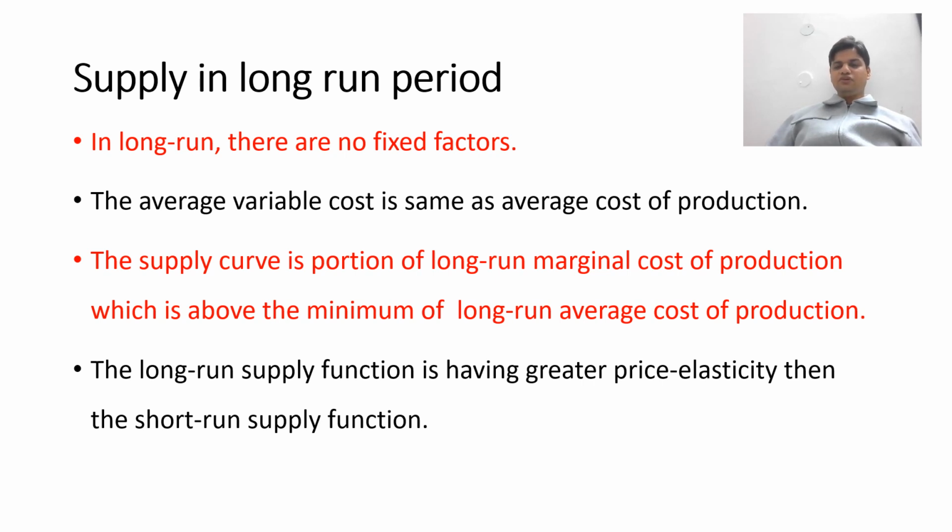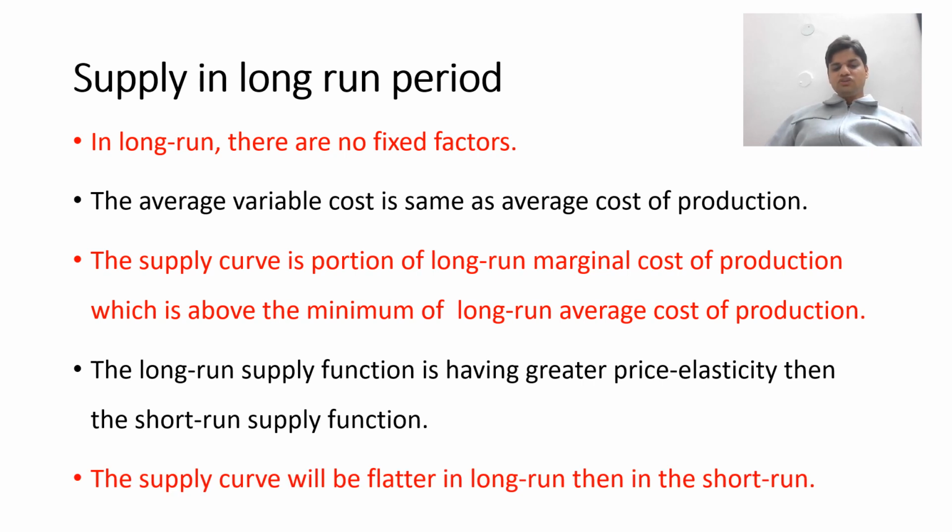So there are many possibilities in the long run. So supply will be more elastic in the long run. So the supply curve, because it is more elastic, will be flatter in the long run compared to the short run.